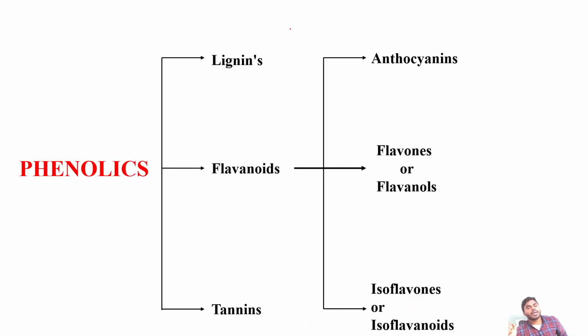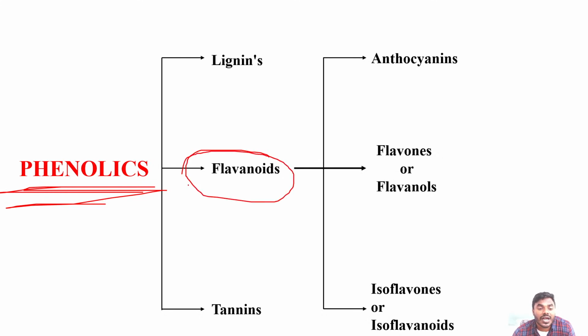Now, what are the types of phenols? This you have to remember compulsorily. Phenols are broadly categorized into three types: lignins, flavonoids and tannins. All the students listen to my statements very carefully. Among the phenols, friends, listen to me, the largest class of phenol is the flavonoid.